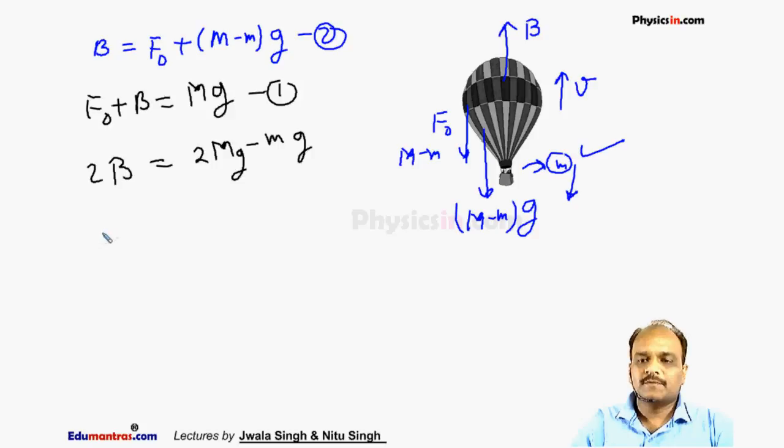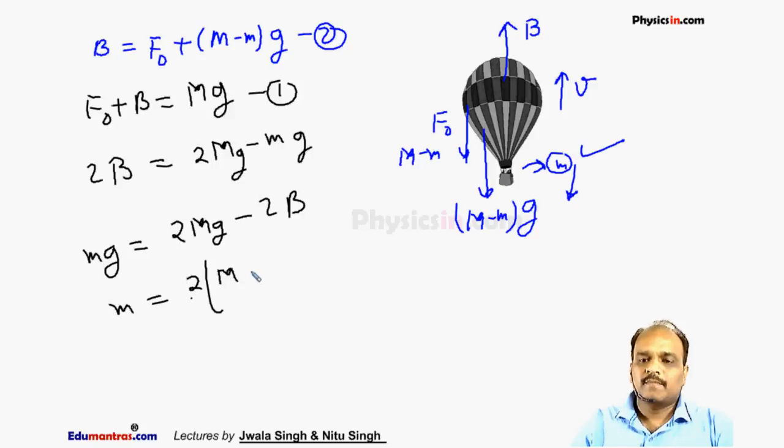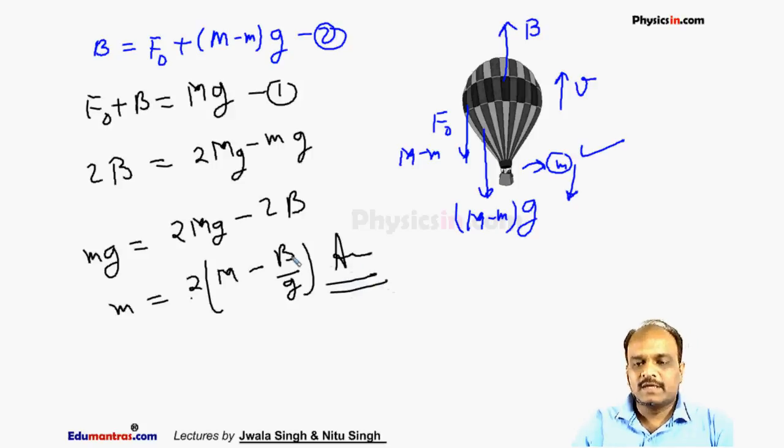So from here we can say m into g must be equal to 2 times capital M g minus 2 times buoyant force. So from here small m comes out to be 2 times capital M minus B by g. So this is the answer. This is the mass which must be dropped from the balloon.